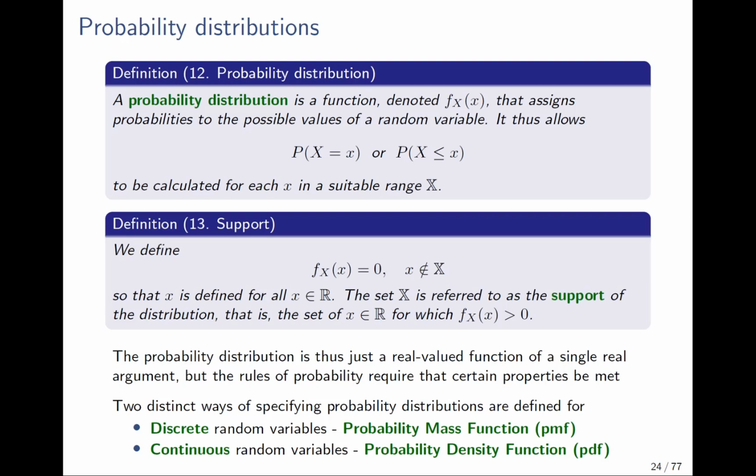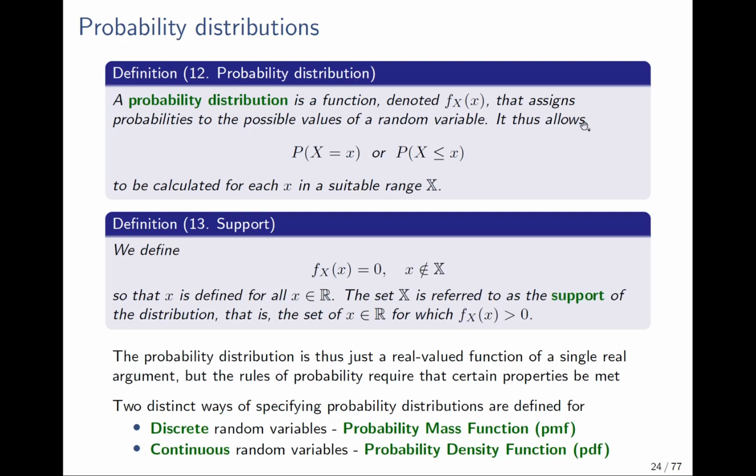What I want to do first of all is just define what's meant by probability distributions, characterize them for discrete and continuous outcomes, and then we'll look at some examples. So a probability distribution is a function denoted in this way here, a function with respect to random variable x taking input values small x that assigns probabilities to the possible values of a random variable. That's what it's all about.